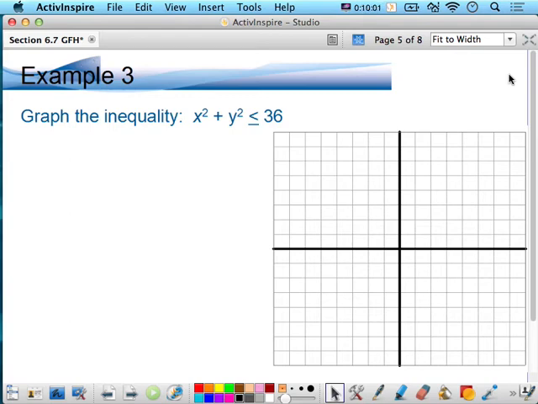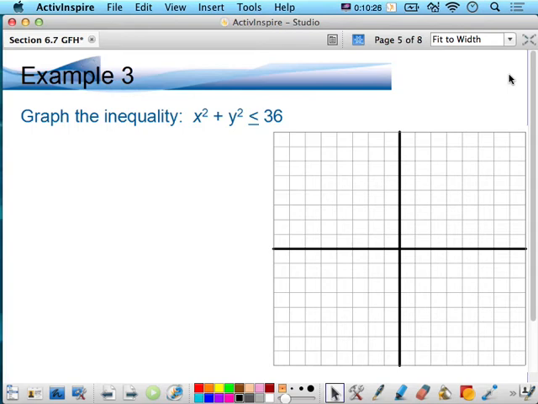Does anyone remember? It's a circle. If the x and the y are squared with a plus sign in between them and the same coefficient, a 1, then you're dealing with a circle.